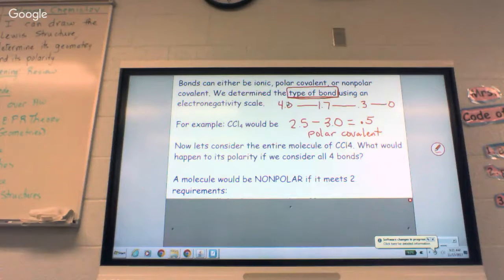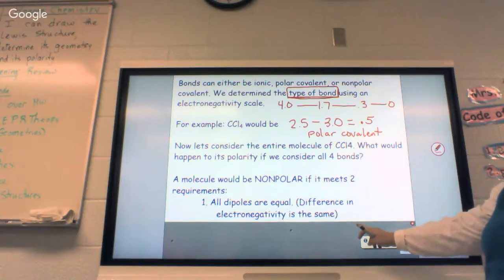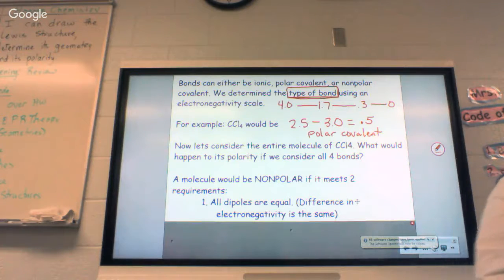And these are not difficult requirements to meet. It's harder to be non-polar. All right. The first requirement: all dipoles are equal. Dipole is a really fancy word.